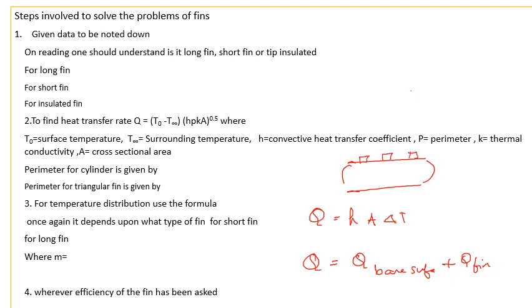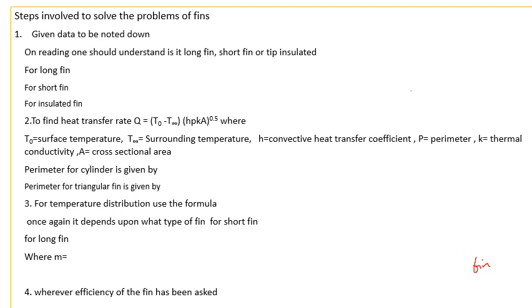So there is a bare surface without fin, and there is a finned surface. Both have to be taken into account while adding. And if the number of fins is asked, then I can use one more formula to find the number of fins.